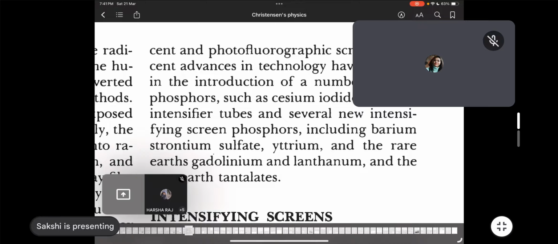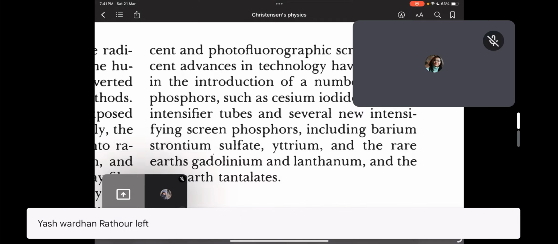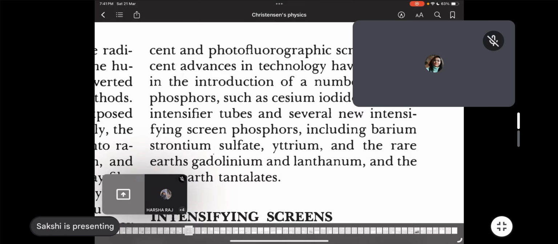Is it also called a fluoroscopic screen? Is it viewed using goggles? It will convert the X-ray energy into visible light. Basically the same thing: zinc cadmium sulfide coated on a base.